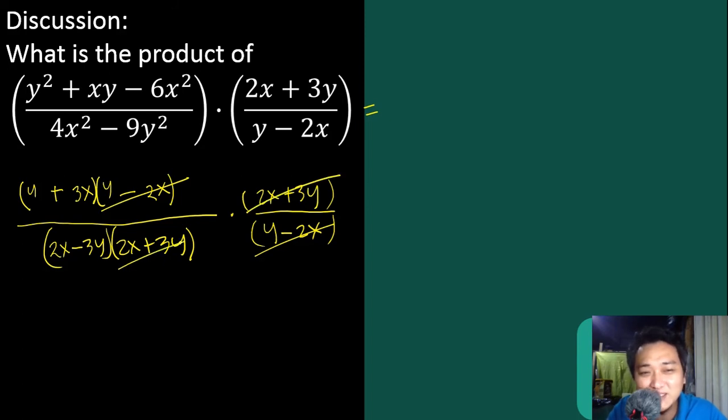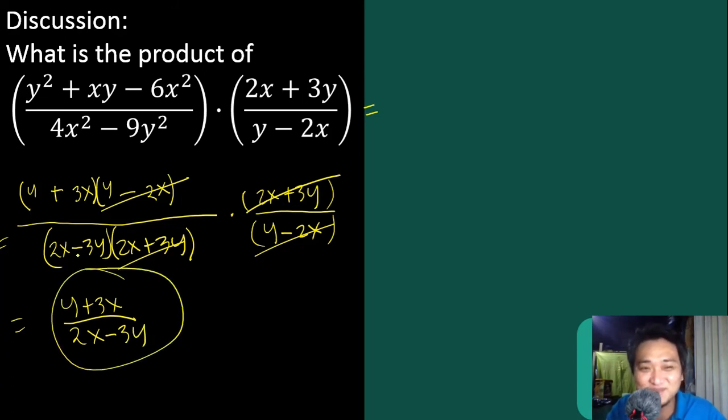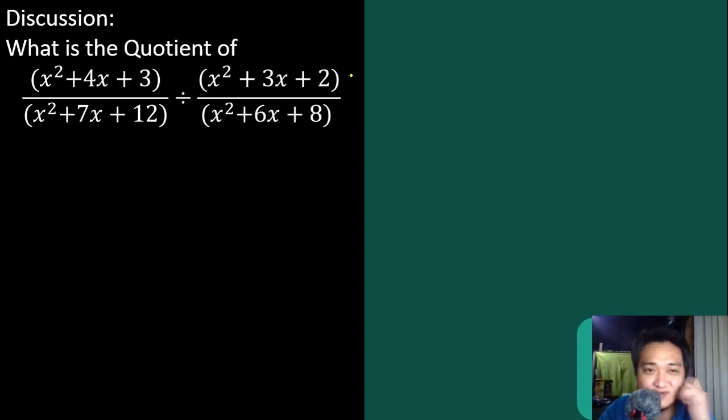Kailangan medyo matalas lang yung mata mo nito para wala kang nakakaligtaan. So therefore, ang natira na lang is y plus 3x over 2x minus 3y. And that's the answer.